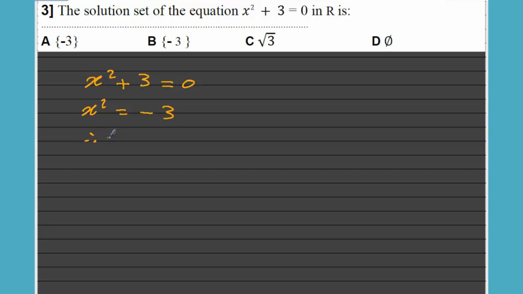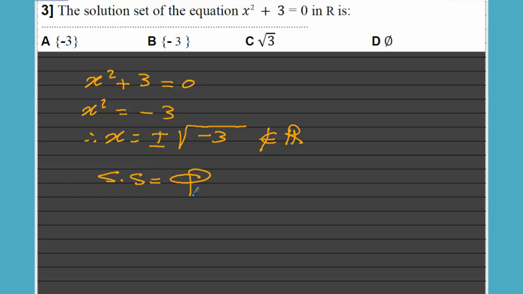Then x equals positive or negative square root of negative 3, which does not belong to R. Okay, so the solution set equals the empty set, and we choose letter D.